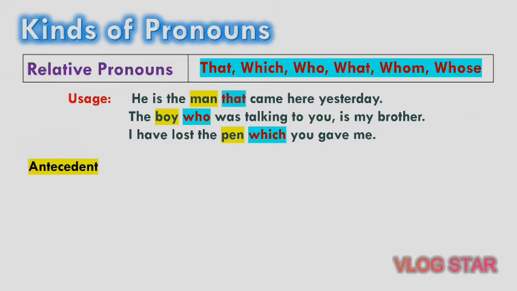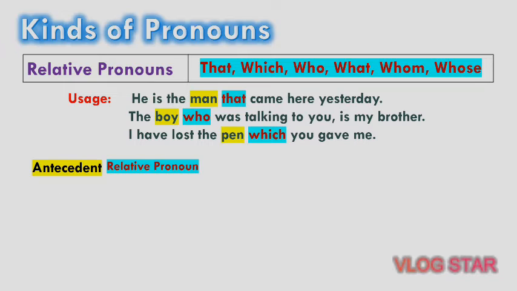So the word or the noun phrase which is qualified by the relative pronoun is called an antecedent. In these three sentences, the man, the boy and the pen are the antecedents, qualified by the relative pronouns that, who and which respectively.